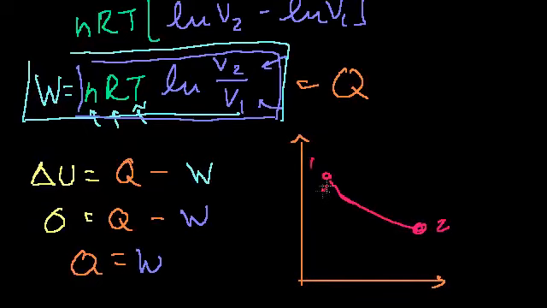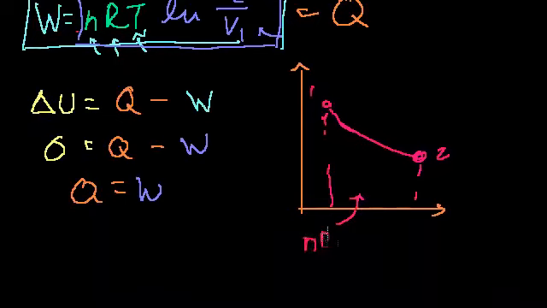And now we could have calculated the area under this, which is the work done, which was this value right here. Let me write it there. It's nRT natural log of V2 over V1. This is V2. This is V1. This whole axis, remember, was the V axis, volume axis. This axis here was the pressure axis.